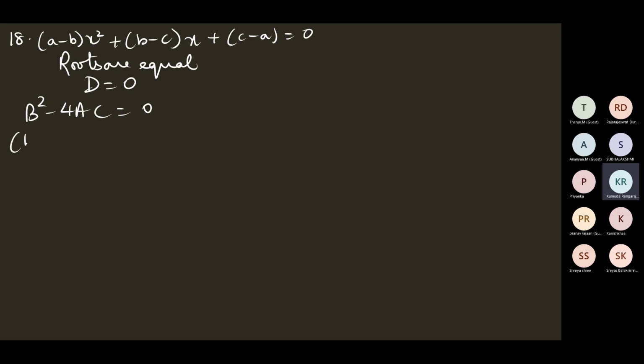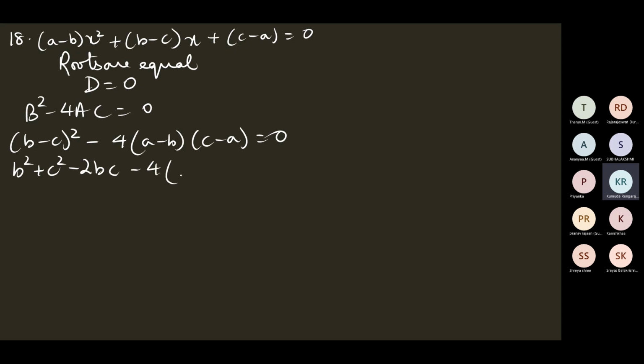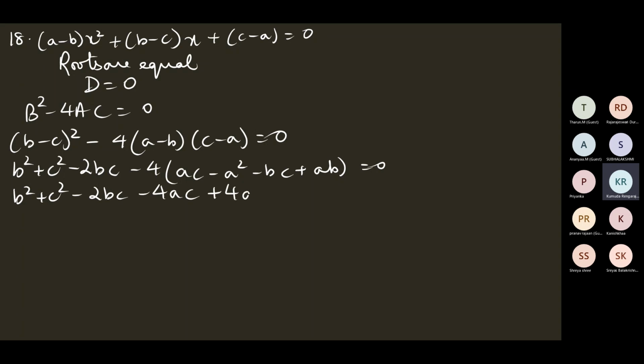So b minus c the whole square, minus 4 into a into c, is equal to 0. Please tell me if I'm going wrong anywhere. See, minus 4 into AC minus A square minus BC plus AB is equal to 0. So B square plus C square minus 2BC minus 4AC plus 4A square plus 4BC minus 4AB is equal to 0.